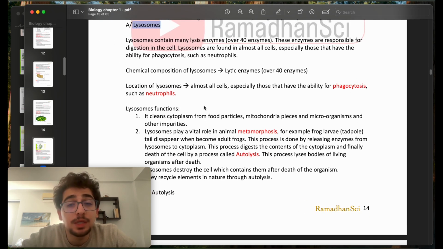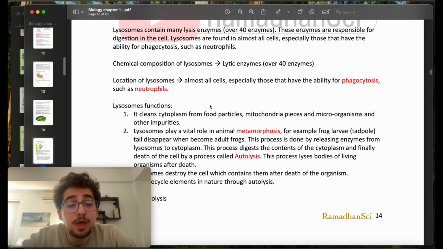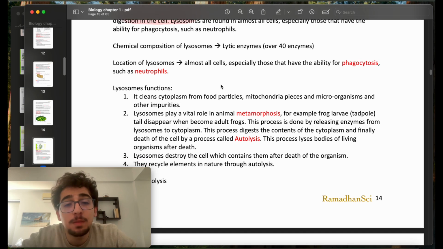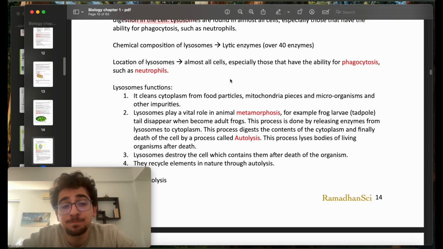So the lysosomes contain enzymes that help in digestion. For example, they are found in abundance in neutrophils. Why? Because neutrophils perform the phagocytosis.